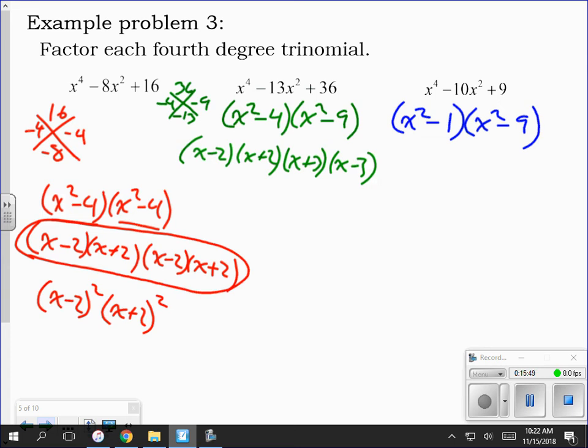Negative 1 times negative 9 is positive 9. Negative 1 plus negative 9 is negative 10. Difference of two squares, x squared minus 1 squared. Drives me nuts that kids always forget that 1 is 1 squared. x plus 1, x minus 1. And then we already did this one, x plus 3, x minus 3.